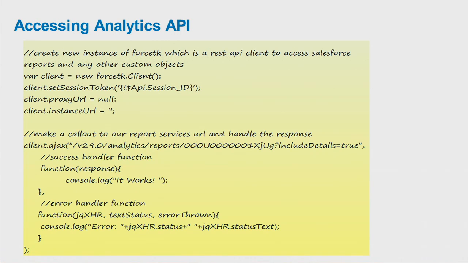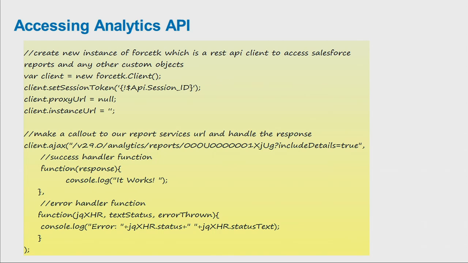So this is how you access the Salesforce Analytics report. We use a client-side library called ForceDK, and I assume some of you might be aware of it or have used it. ForceDK is a JavaScript client library to access Salesforce resources from JavaScript. It's very cool. You can even execute SOQL queries from it, and also access any REST API in the Salesforce ecosystem.